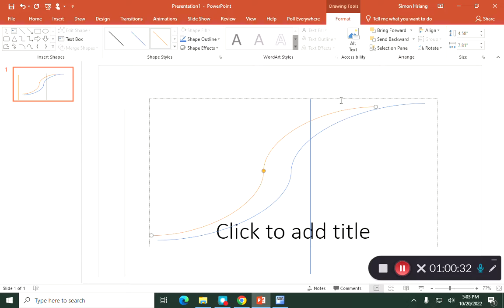Is the orange one better, or the blue one? Blue, because it dies slower. The orange dies quickly, right? And if you have it like this, it's even worse, it dies really quickly.